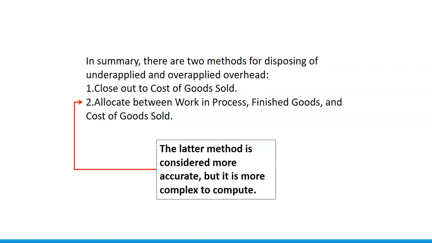And so you might say, how do we determine if an amount is material or not? That depends on the business. So if I have a really big business like Amazon, and I do billions of dollars in sales every year, and the difference in under or over applied overhead is $3,000, that's not a material amount to me.